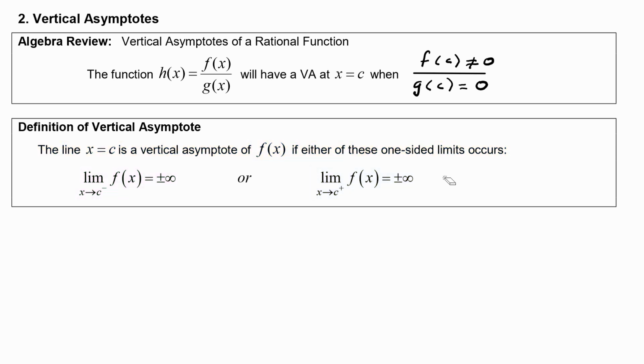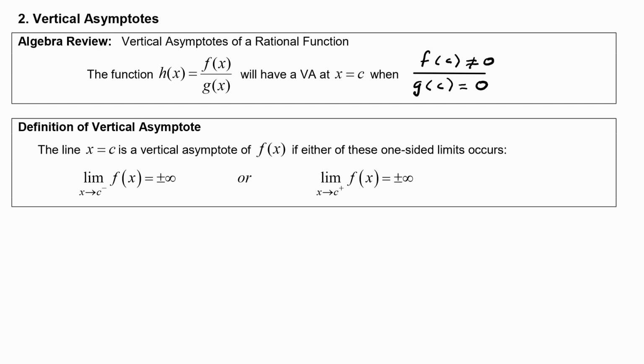Now, one thing to be extra careful of when you are applying the definition of vertical asymptote is that you must perform a one-sided limit to do the test. And also notice that it's not sufficient to show that the limit does not exist.